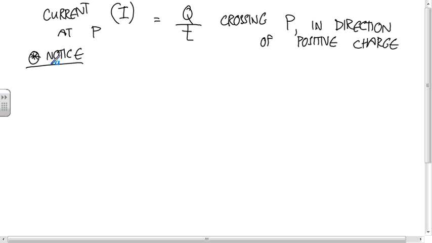If you don't follow this requirement, you're going to lose points. So don't be the person who ignores this. Current has a magnitude, calculated as this amount of charge per unit time, but it also has a direction.